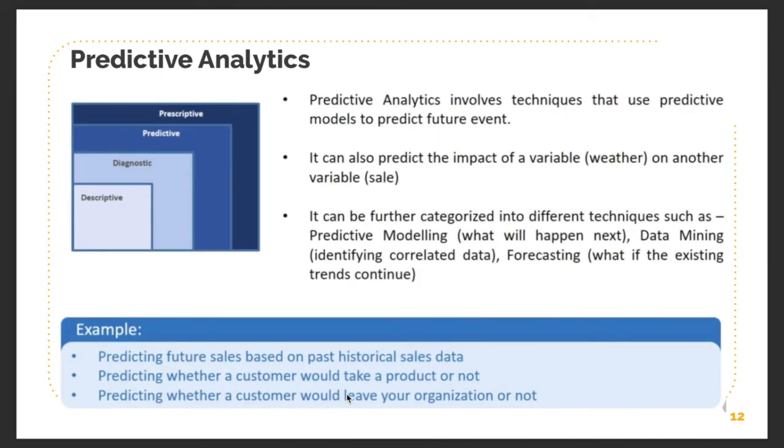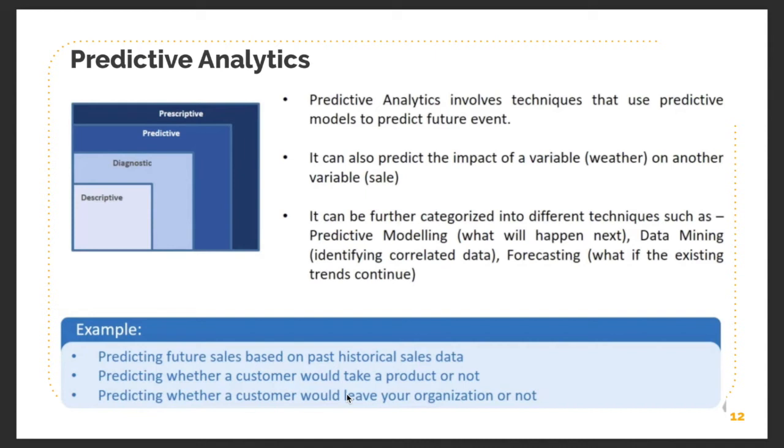Predictive analytics, on the other hand, will tell you what would happen or what might happen if you do these kinds of things. It is more complex and gives you more business value. This analytics predicts future outcomes.